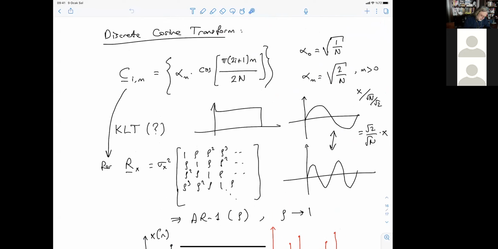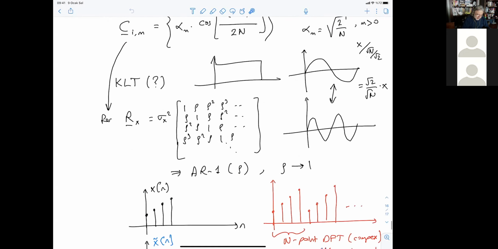When we apply them, what we come up with will be the columns corresponding to these shapes. The inverse of this will also give you, just within a normalization factor, the same cosine shapes, and they will constitute the basis signals.